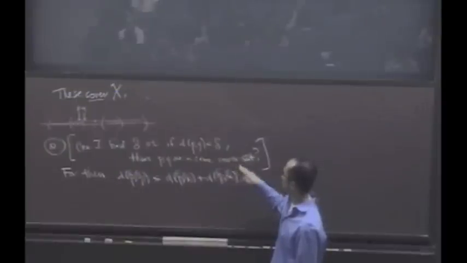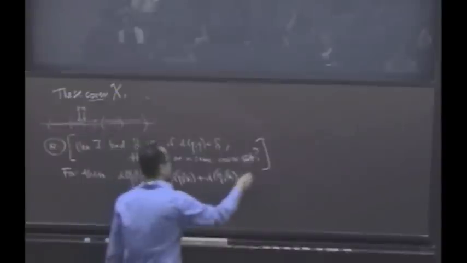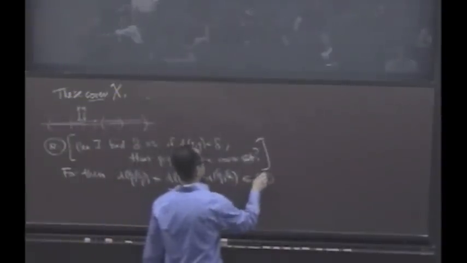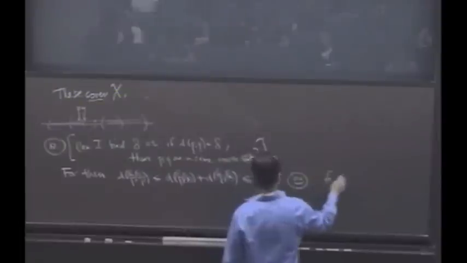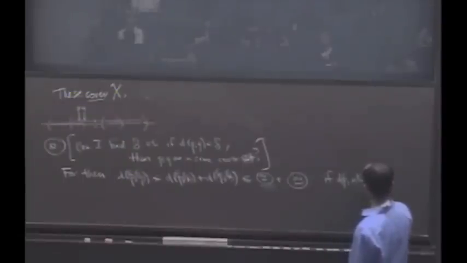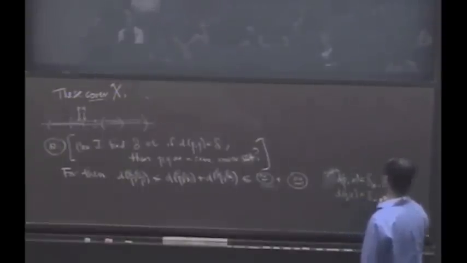then they are within the same delta sub x, right? So these things are both going to be bounded by smiley over 2, or smiley plus smiley. If the distance between P and X is less than delta sub X, and the distance between Q and X is less than delta sub X, because they were in the same ball.